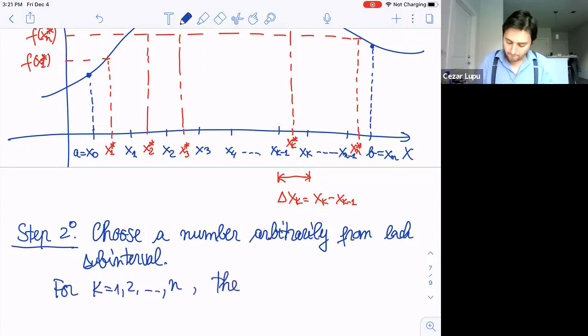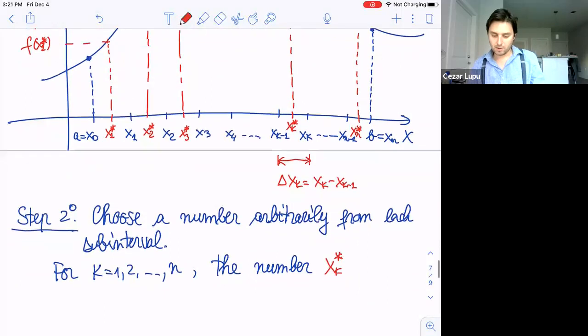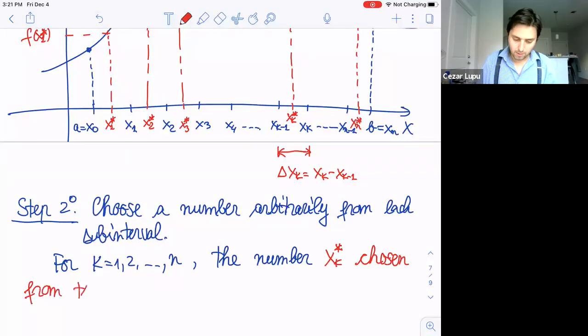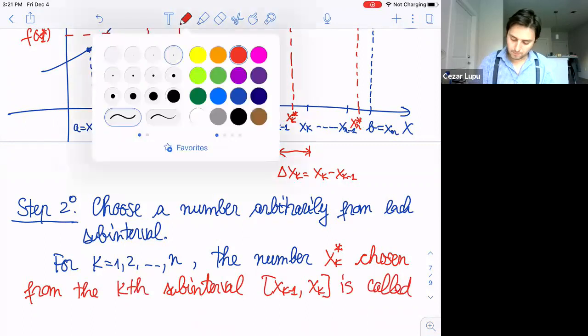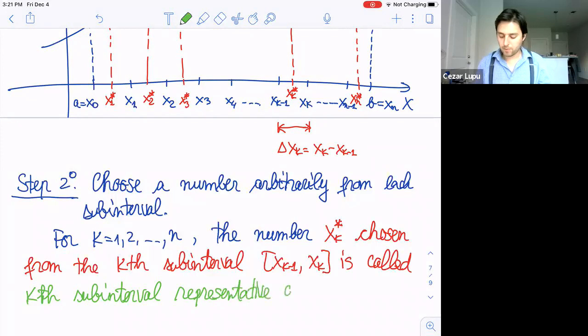The number xk star, chosen from the kth subinterval, xk minus 1, xk, right, is called the kth subinterval representative of the partition P.